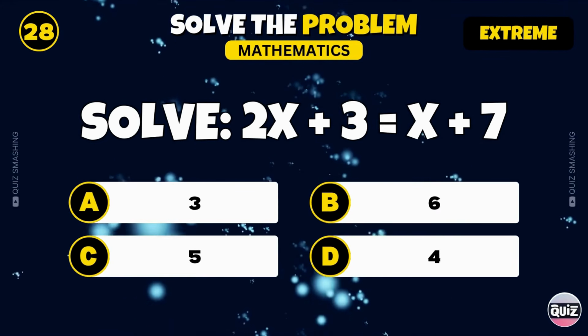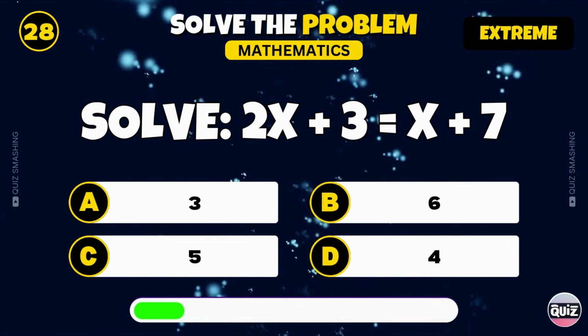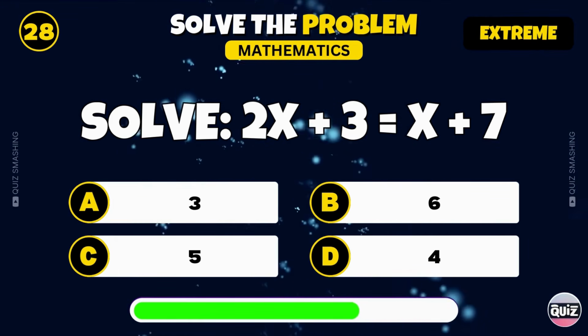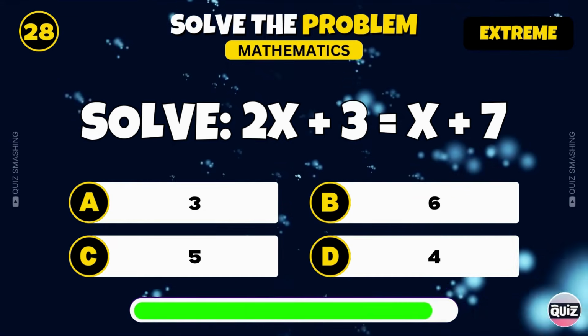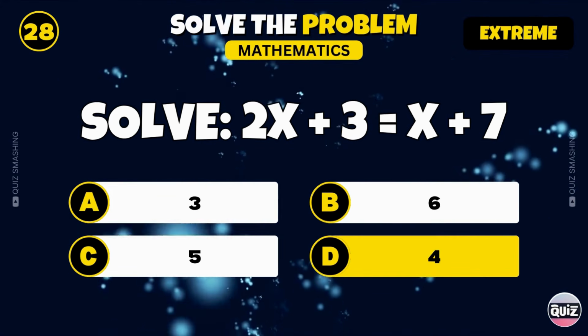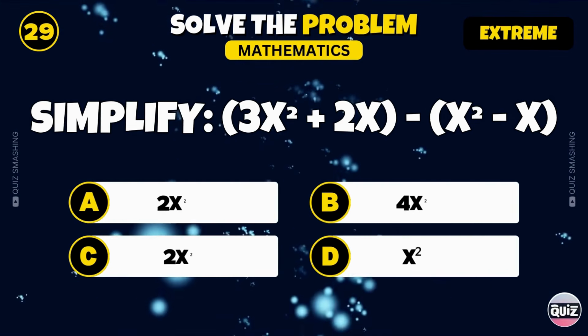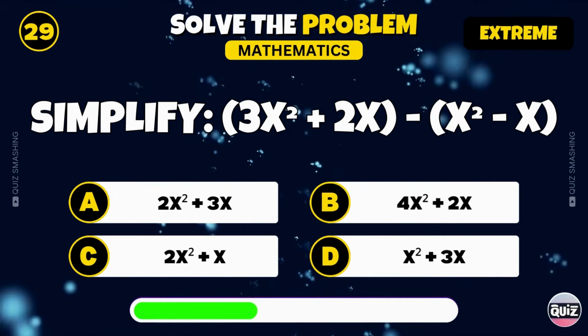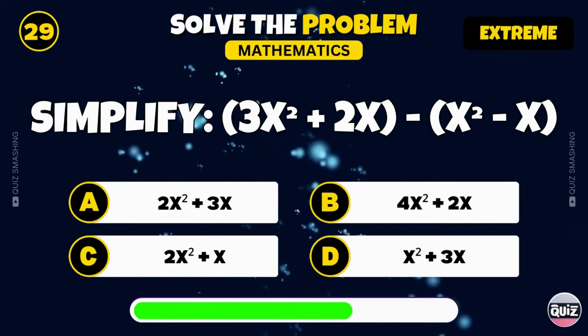Solve 2x plus 3 equals x plus 7. Yes, x equals 4. Simplify (3x squared plus 2x) minus (x squared minus x).